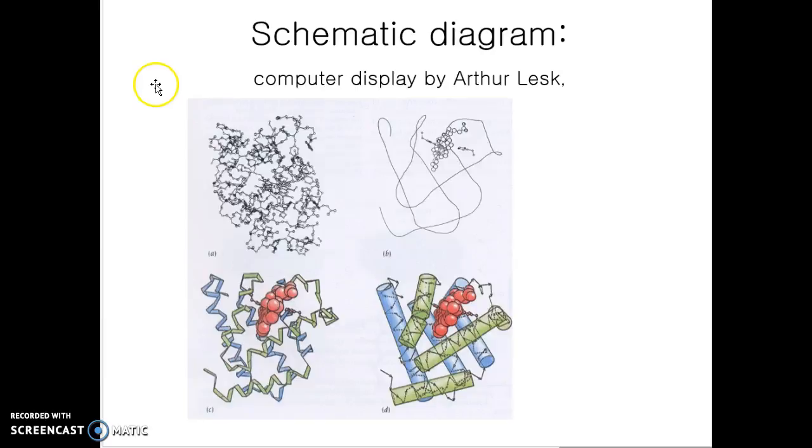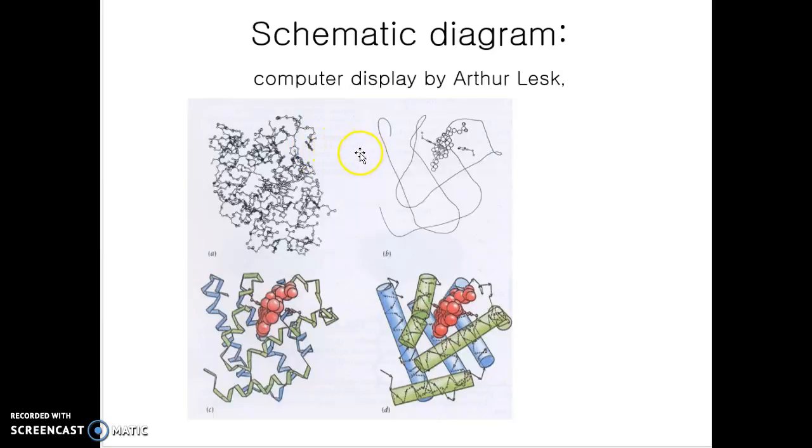In chemistry, the most popular models are the space filling model and the ball and stick model. In this picture, you see the ball and stick model in A for the myoglobin: main chain plus side chains only on the surface.